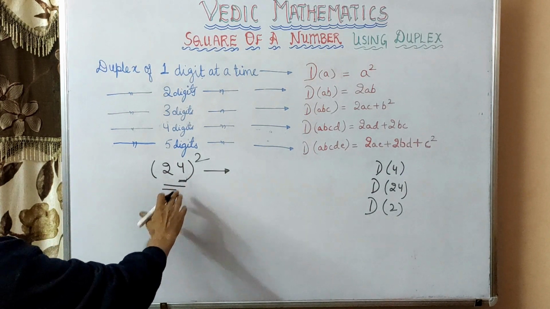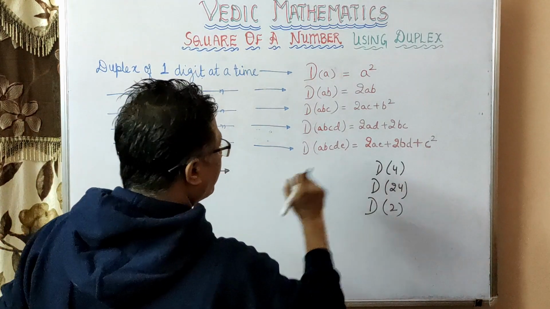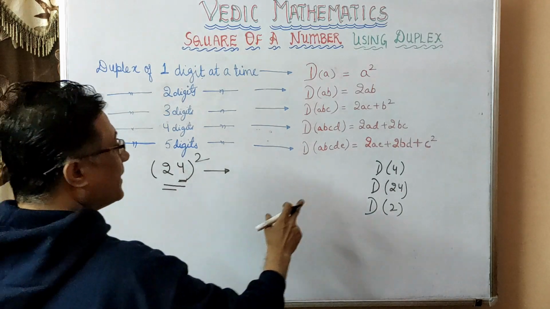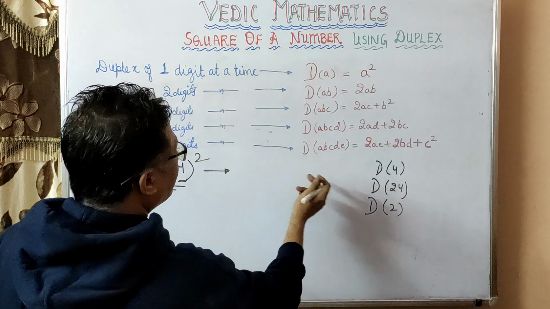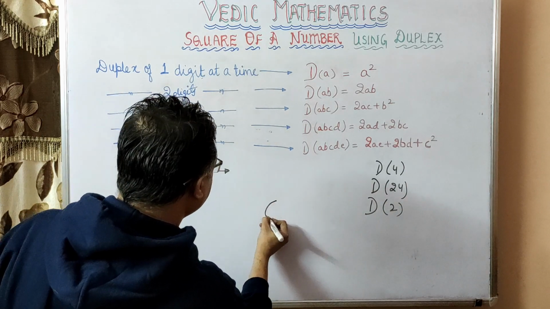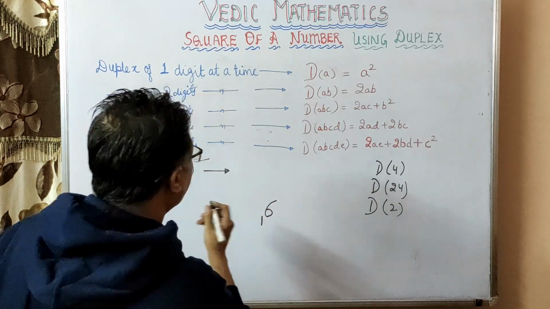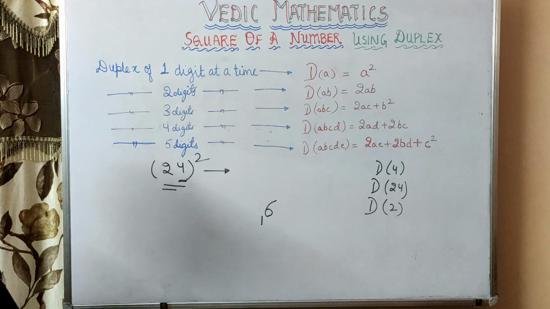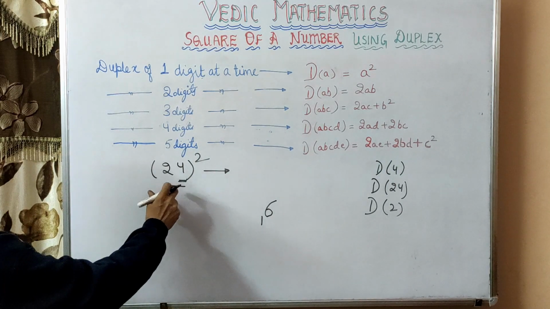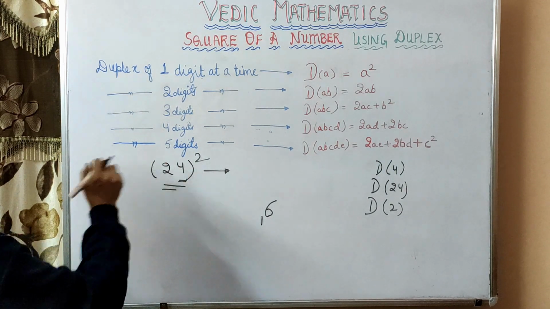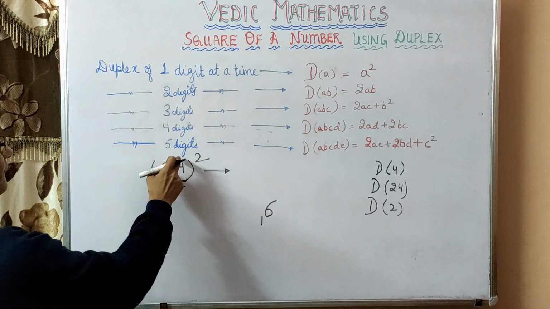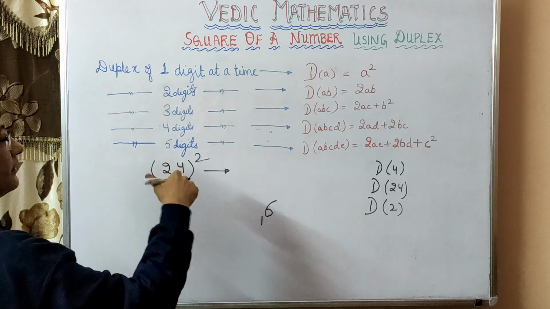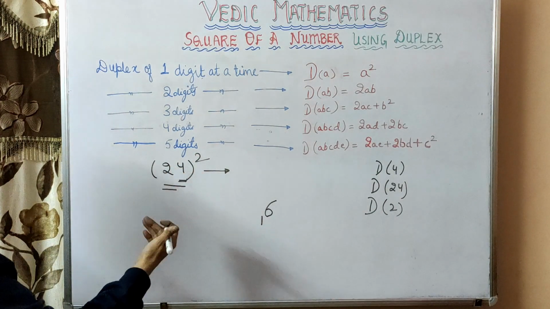Let's see how. What is the duplex of 4? Duplex of 4, as I told you, will be 4 square, means 16. So I write 6 here, and I write 1 for carrying forward. Now in step 2, duplex of 24. So 2 numbers cross multiply: 4 2s are 8 and double it, 8 2s are 16.